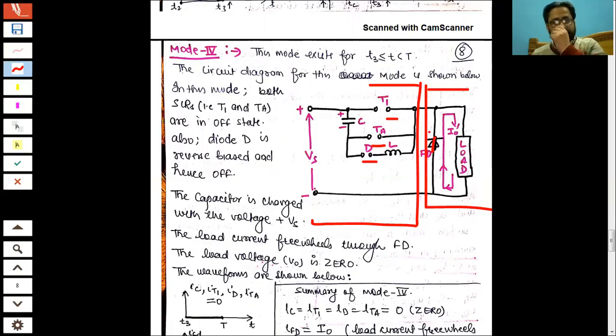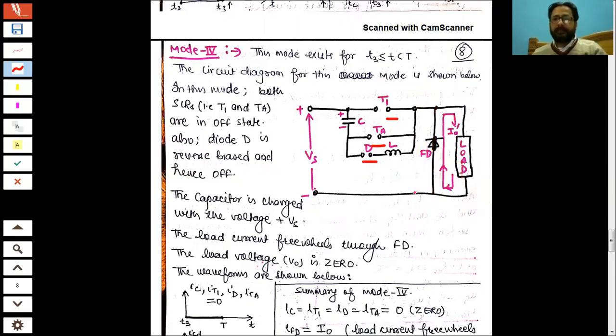So the freewheeling diode will become short. So this point and this point will become short. Now if we apply KVL in this mesh, V0 will be equal to 0. Why will V0 be equal to 0? Because this is short now. So V0 is equal to 0. And the load current will keep on flowing in the same direction, which is our reference direction of I0, which is positive. So in the same direction, the load current will keep on flowing.